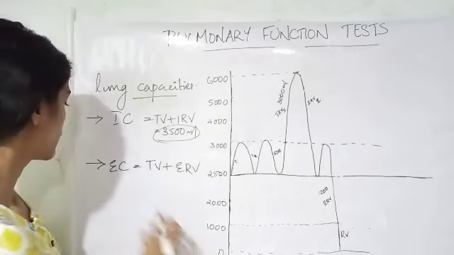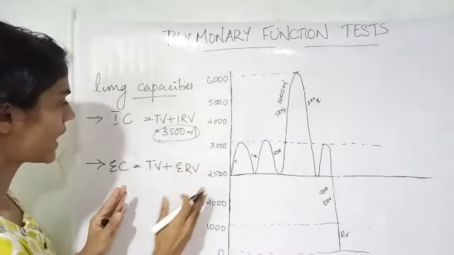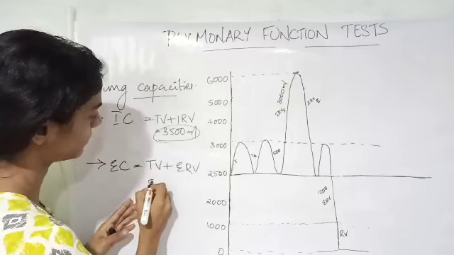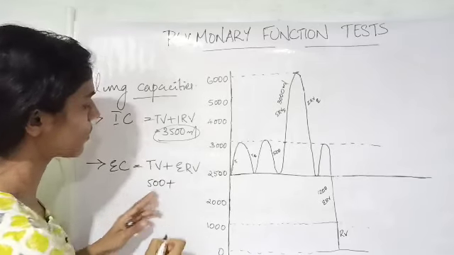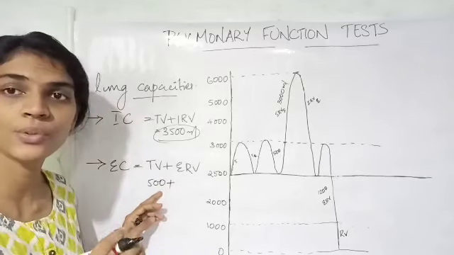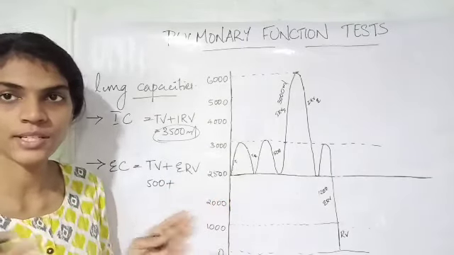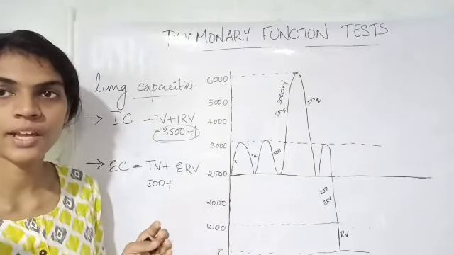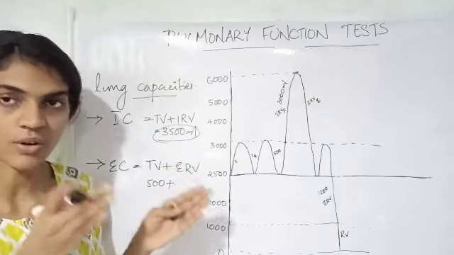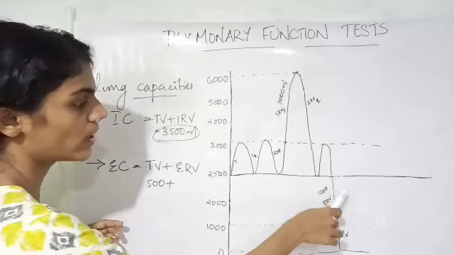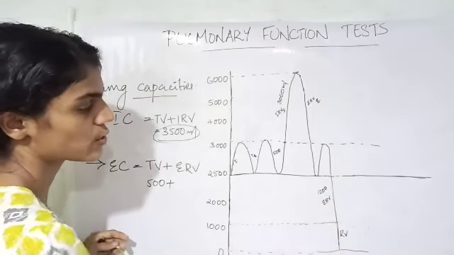Third, how can we calculate this? Normal tidal volume is 500. Let me tell you, this value can fluctuate; it can vary from person to person. So for convenience only, I am taking one value. This all comes in a range. So 500. What is the ERV, expiratory reserve volume?